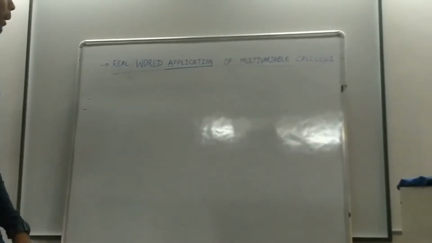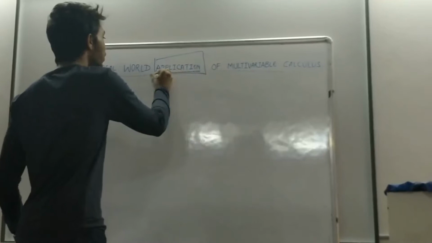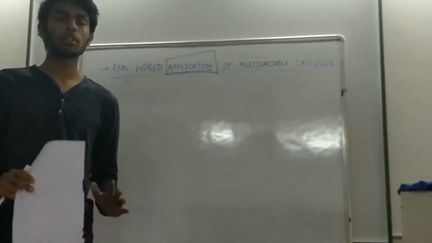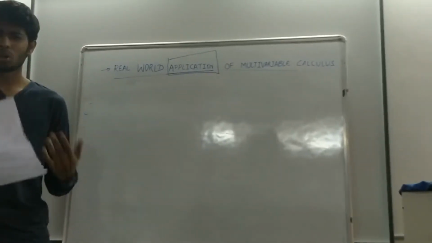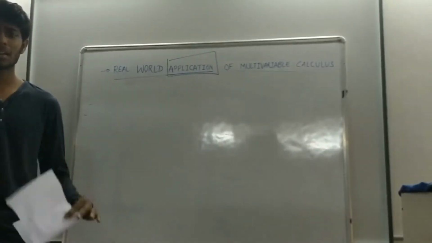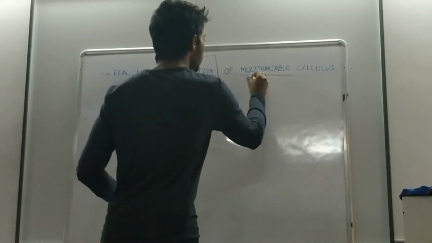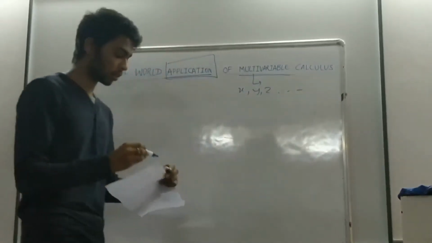Alright, let me come to the main part, the application of multivariable calculus. So basically, multivariable calculus will be used in any branch of mathematics, physics, robotics, computer science, mechanics, anywhere where I have multivariable numbers. For example, x, y, z, or n number of variables I have.